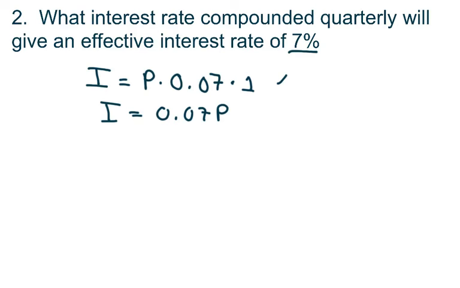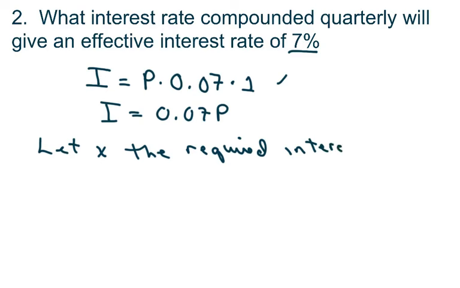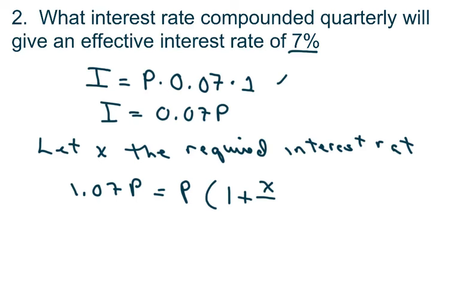So we get that. Now, let x be the required interest rate. Then we have 1.07P equals P times 1 plus x over 4, to the power 4 times 1.